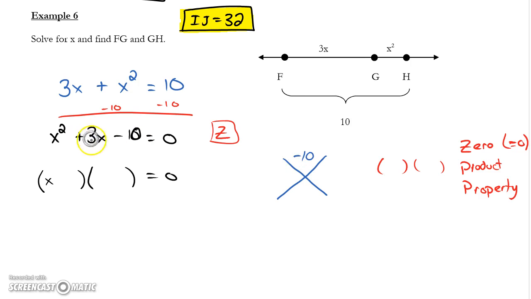The coefficient of my x term, in this case it's a positive 3, on the bottom. The numbers on the side, I am looking for them to, at the same time, multiply to a negative 10 and add to a positive 3. So go ahead and take a second to see if you can figure out what those are.